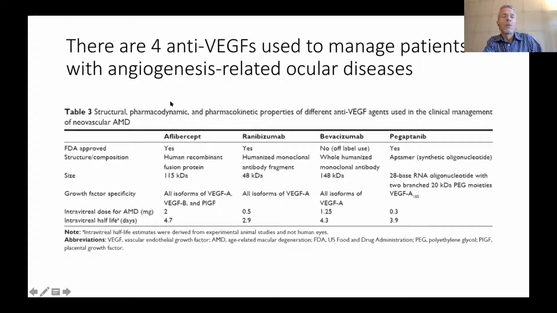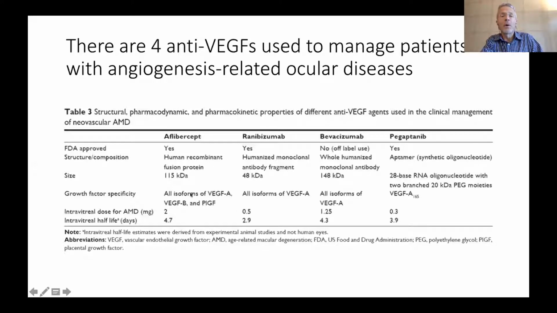So the point here is that there are a number of ways to neutralize VEGF ligand that are used clinically, and when you compare the efficacy of these agents, although they're not identical, there are profound similarities between especially these 3.